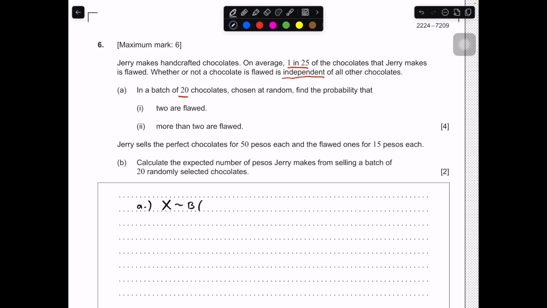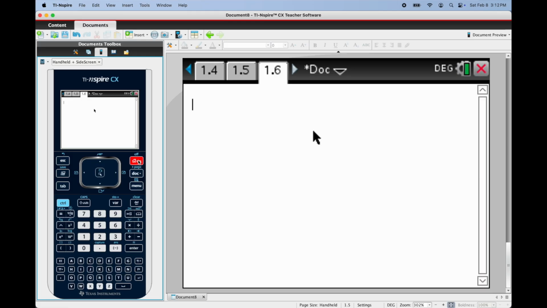So we have our 20 trials, and then the probability of something being flawed, in this case 1 over 25. This is certainly acceptable, and maybe the more proper way. The IB will also accept calculator notation, and I actually think that might be the easier way to go about it. So let's go to the calculator screen and see how we can work this out.